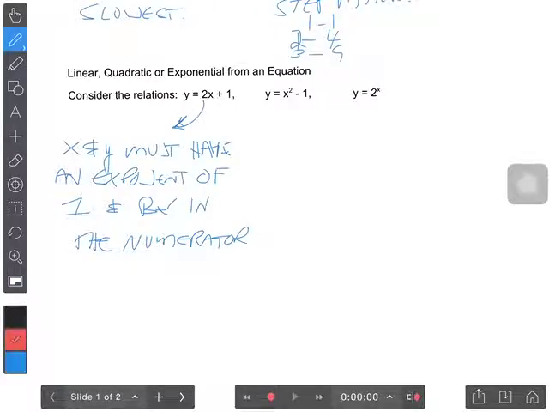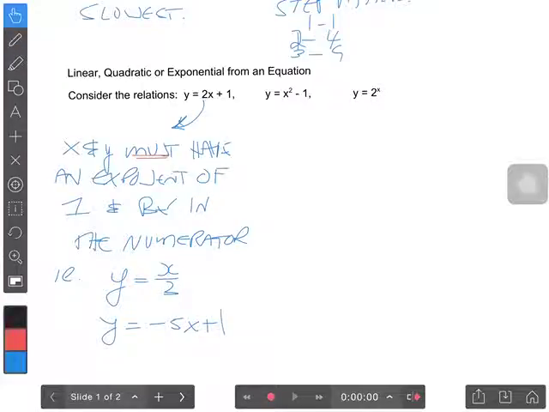So if we're looking in terms of the equation, it has to have exponents of 1. So some examples for you: y equals x over 3, y equals negative 5x plus 1. So there is our rule for the linear one.